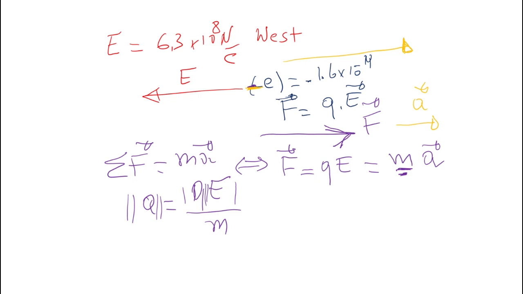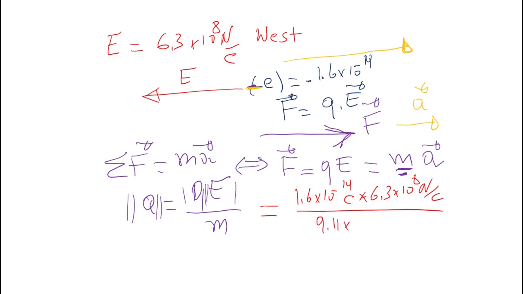Now the magnitude of this acceleration: the charge magnitude is 1.6 times 10 to negative 19 coulomb times the electric field, 6.3 times 10 to 8 newtons per coulomb, divided by the mass, which is 9.11 times 10 to negative 31 kilogram.